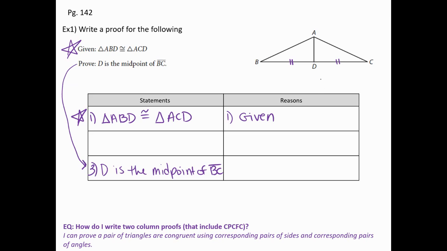But if I look at what I'm given, I know the triangles are congruent. If I look in my triangle statement, I can see that BD has to match up with CD. And that happens to work out pretty conveniently for what I'm trying to prove. So I'm just trying to piece together, how can I find this information? So I marked my diagram as if it was true, but I have to be able to have a way of saying it, not just, well, I want it to be true, so I'm going to say it.